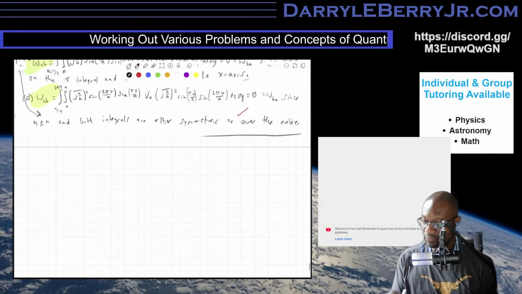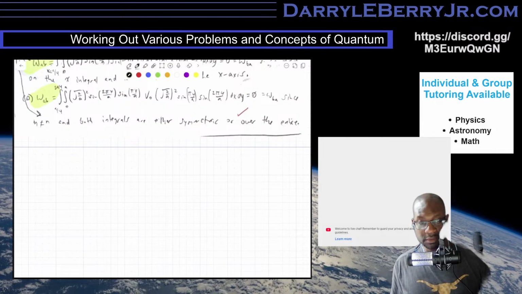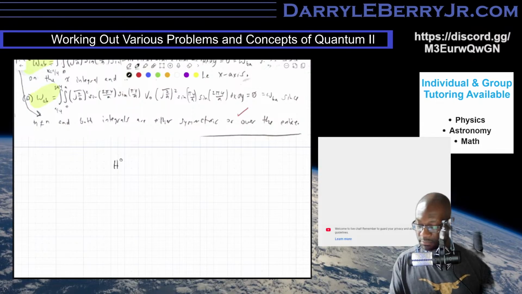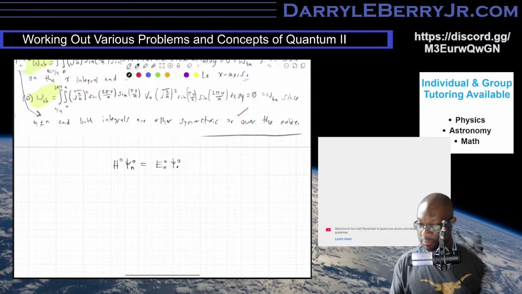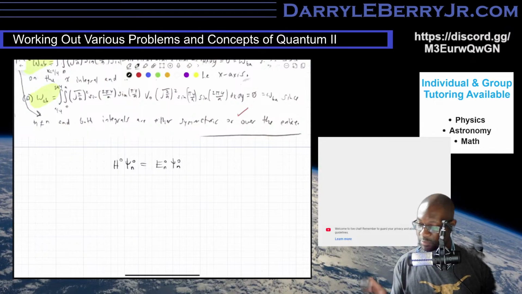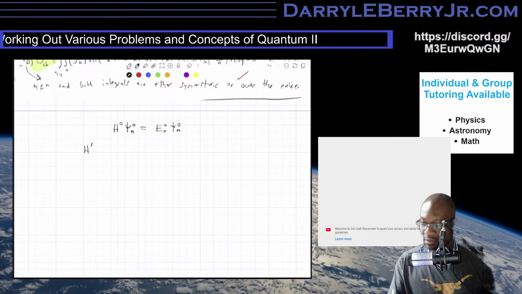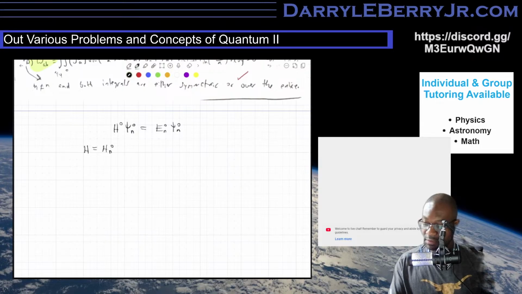If we're doing perturbation theory, without a perturbation, we have the Hamiltonian eigenfunction and eigenvalue, and you're going to have a perturbed Hamiltonian.